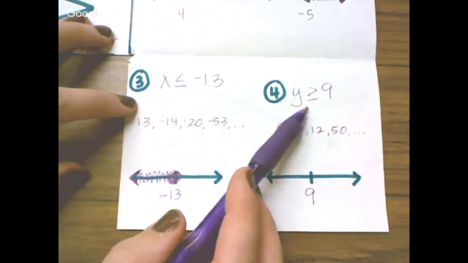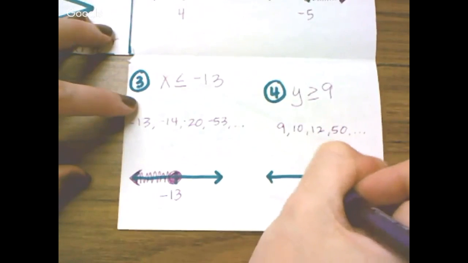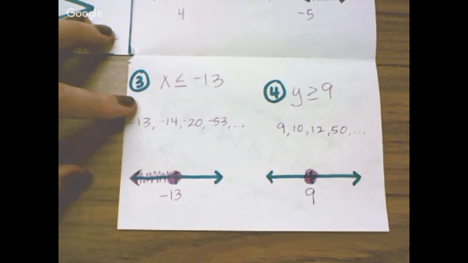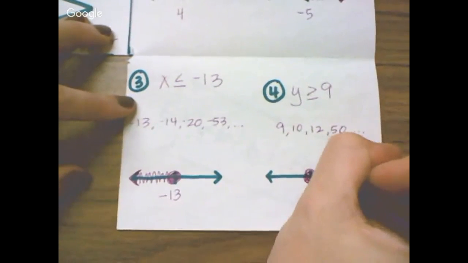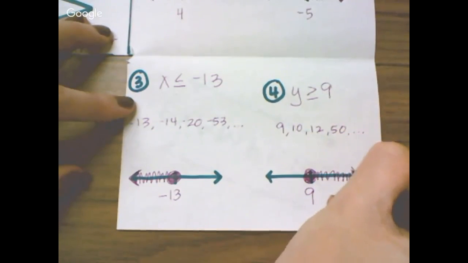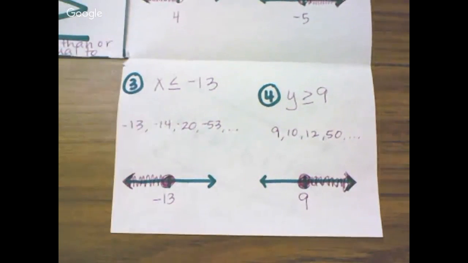Because of that or equal to, my dot is filled in. And I'm talking about all these greater, so 9, 10, 12, everything that's over here on the right side. So that's what I'm going to look at when I'm doing my graphs. What is it greater than or equal to, and how does it go from there?